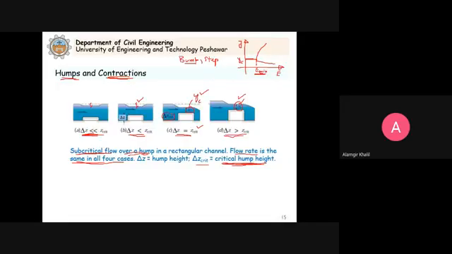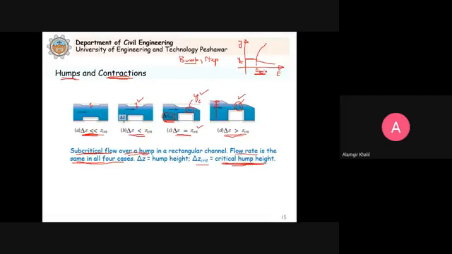what will happen when you keep increasing the hump height above the critical hump height? The water needs energy to flow over it. So in order to do that, it will increase in depth upstream. You see here it has increased.